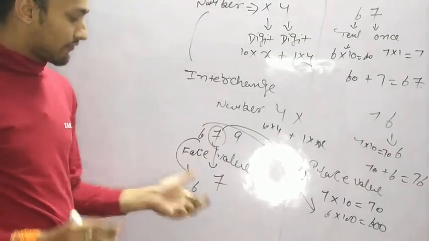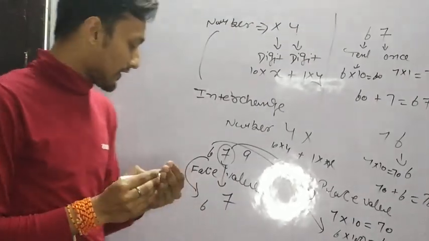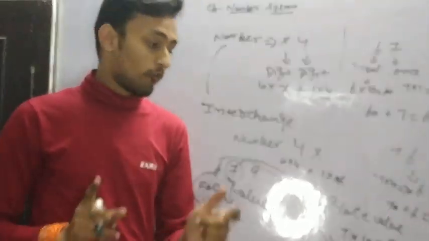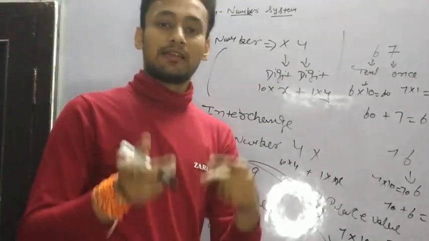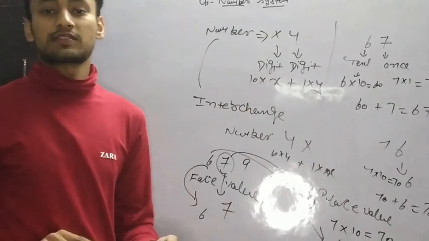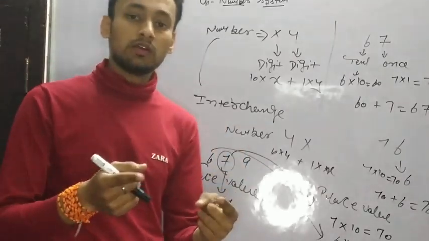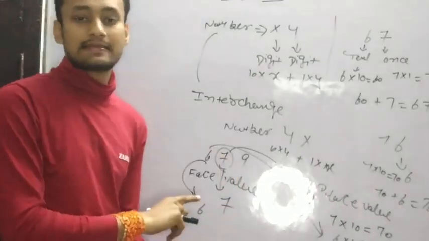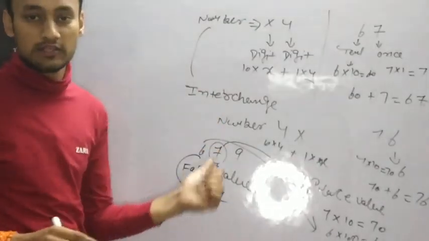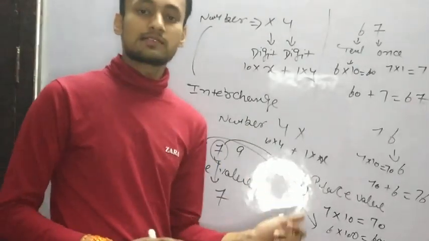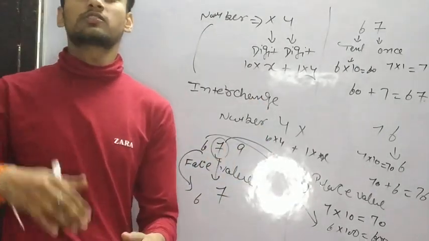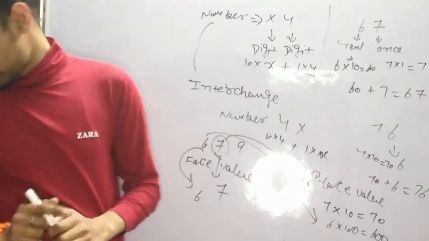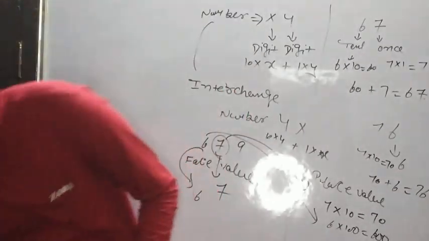So that is a very simple concept. The face value always remains the same, whereas the place value can change according to the number where it exists, whether it is on the ones place, tens place, or hundreds place and so on. Hope you all are clear with it.